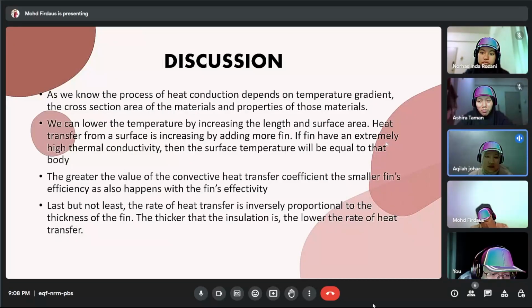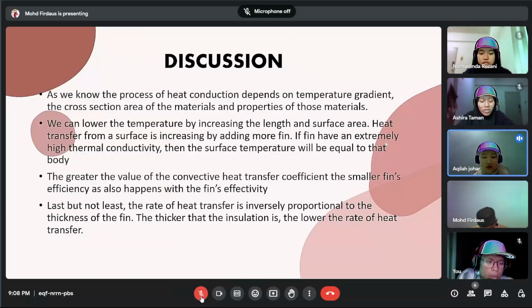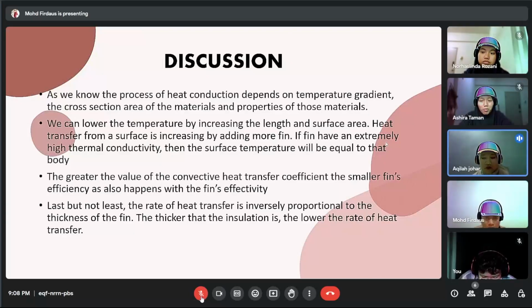Next, for the discussion. First, as we know, the process of heat conduction depends on the temperature gradient, the cross-section area of the materials, and the properties of those materials. We can lower the temperature by increasing the length and surface area. Heat transfer from a surface is increased by adding more fins. If a fin has an extremely high thermal conductivity, then the surface temperature will be equal to that of the body.